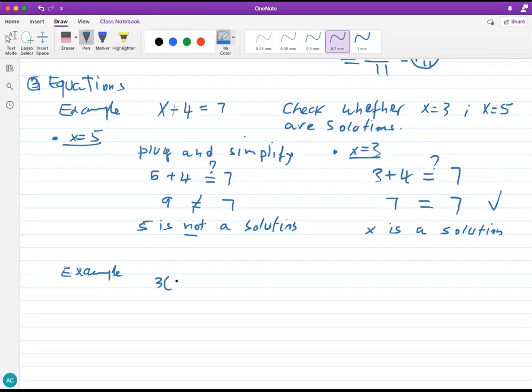Maybe we could take 3x minus 1 plus 2. It is also possible to have some x's here on the other side. Say 2x and plus maybe 3.